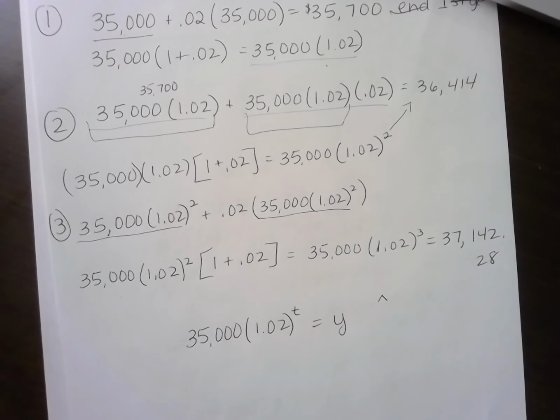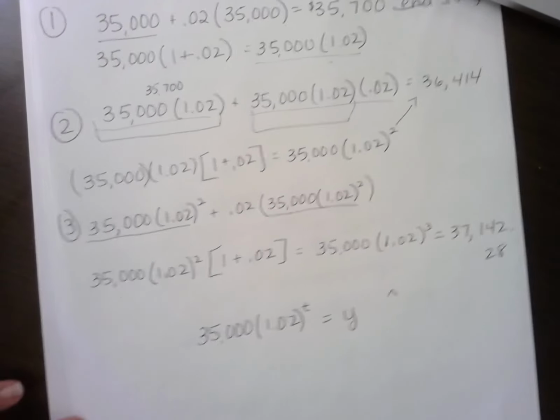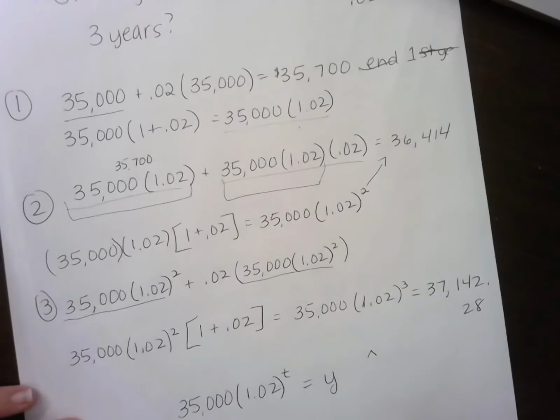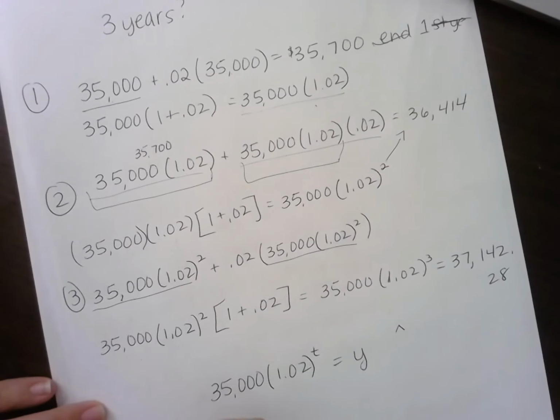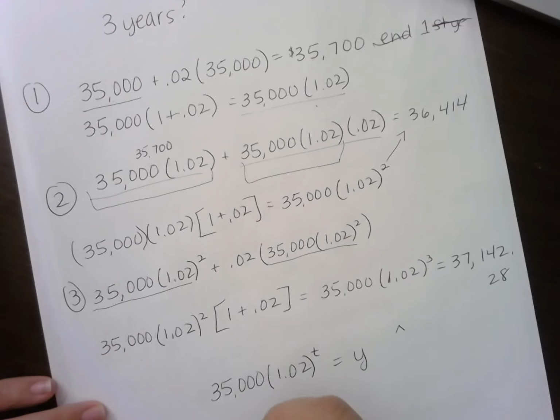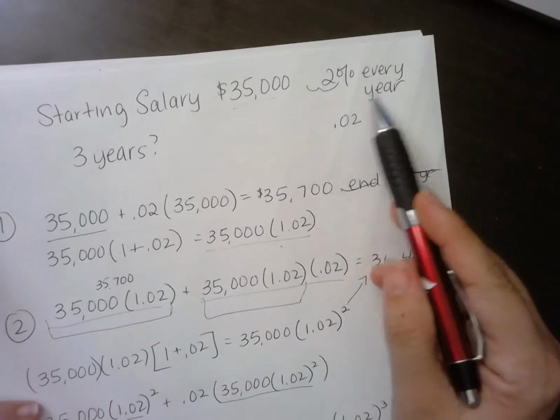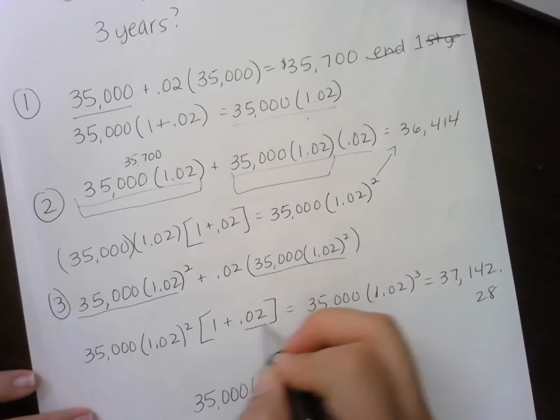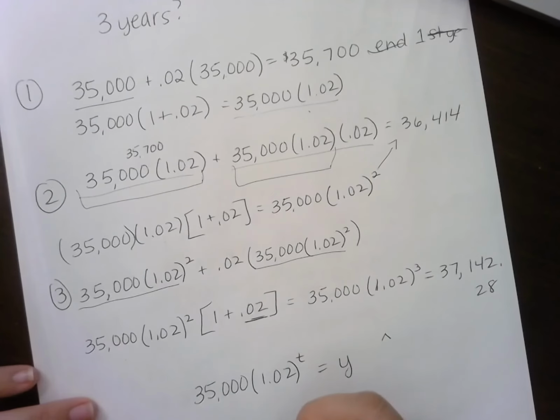Okay, so one of the things that I want to point out really quickly, a little bit of vocabulary, is that the growth rate for this, even though I have this 1.02 in here, my growth rate was 2%. So it's kind of like this piece right here, that's my growth rate, okay? And then when I add it, the 1.02, so my growth rate is actually, in this case, 0.02, or we could say 2%.